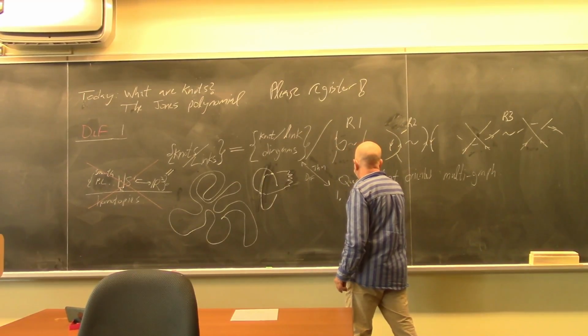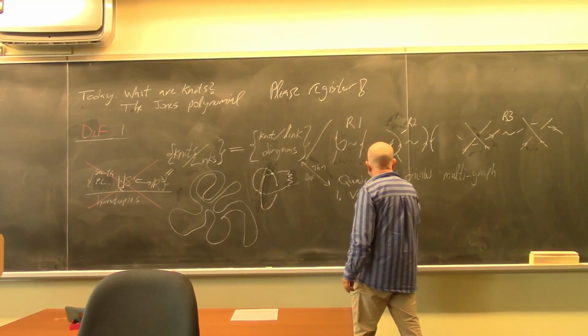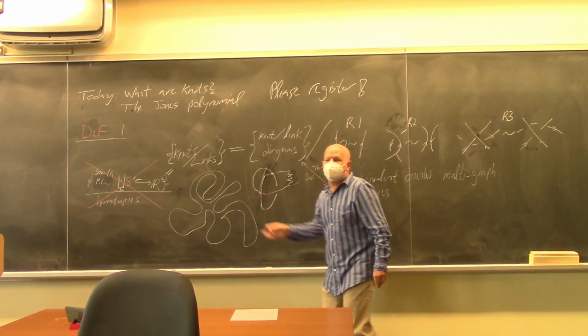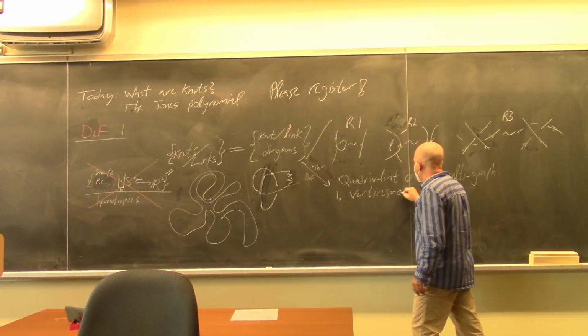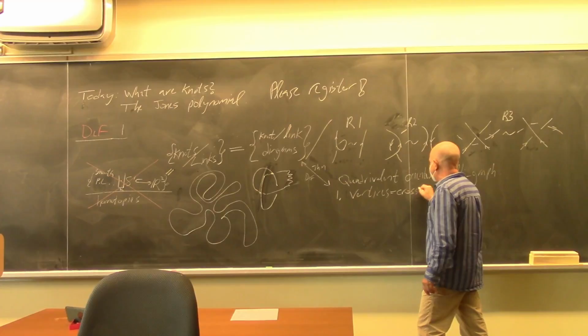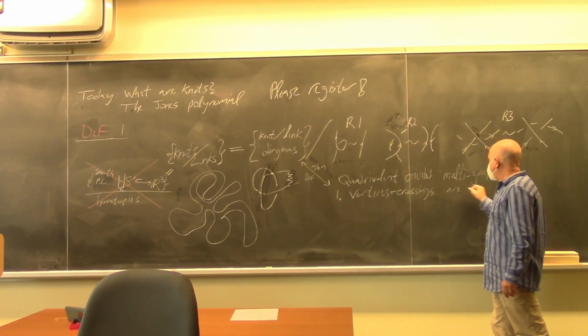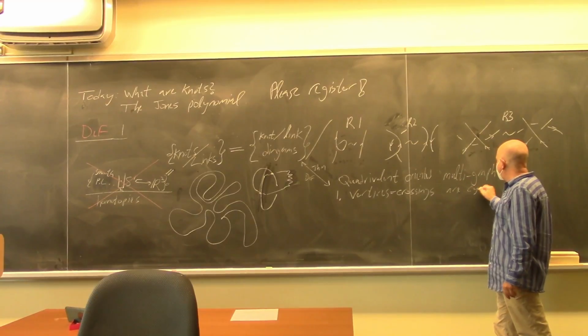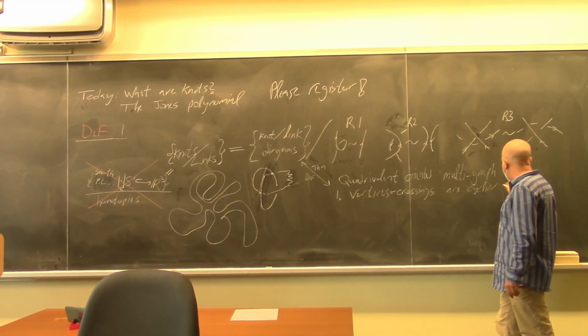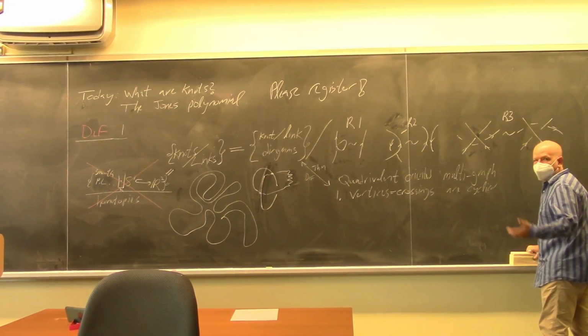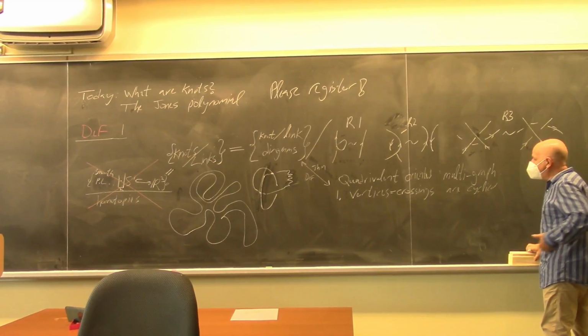So vertices, which, by the way, from this point on I will be calling crossings, have a cyclic ordering of the edges emanating from them.